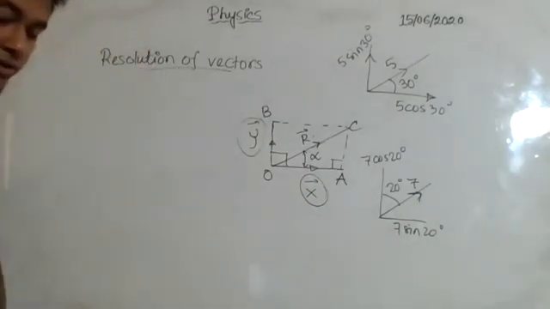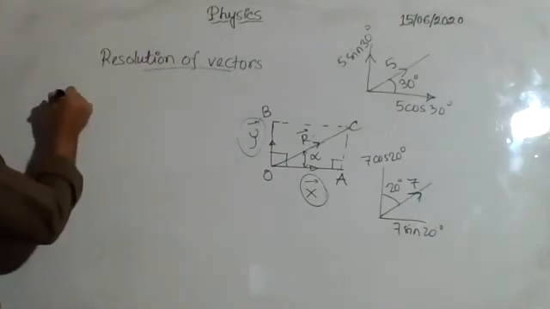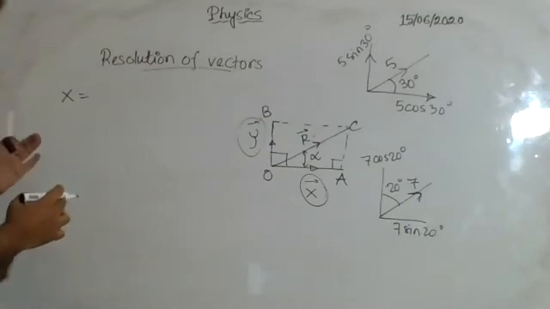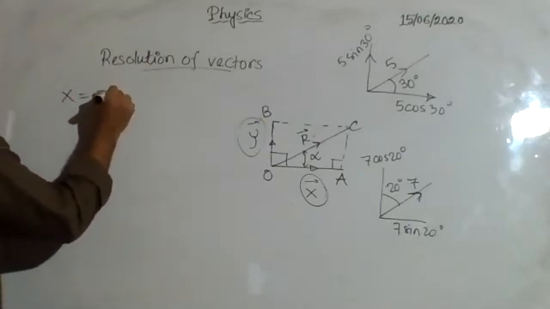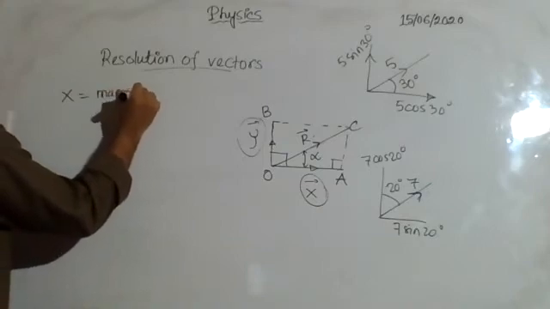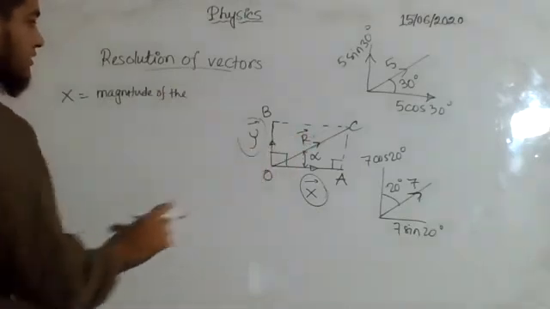Acha. Now, actually the rule to find out the component is like this. Let us say I want to find out the component along x-axis. So the value should be magnitude of the vector, which in our case is r, right?